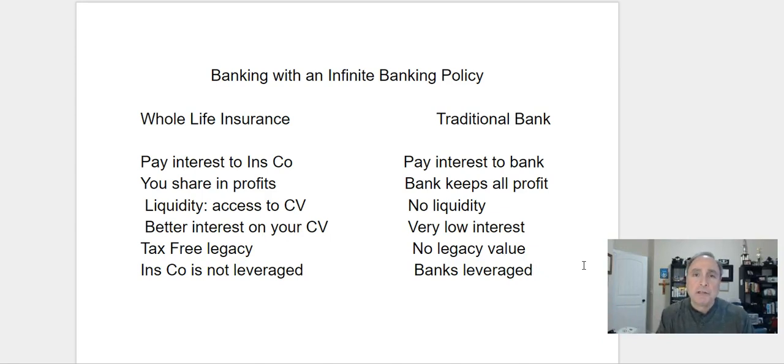That's where it should be sitting, earning interest, creating a tax-free legacy, available to them when they need to either pull the money out or borrow from it. Much better to borrow from it. And if something happens to the person prematurely, there's a huge tax-free death benefit that goes to the heirs. It makes all the sense in the world.